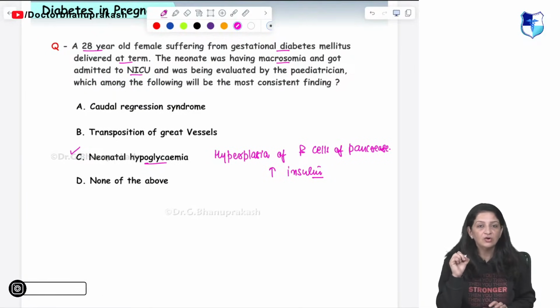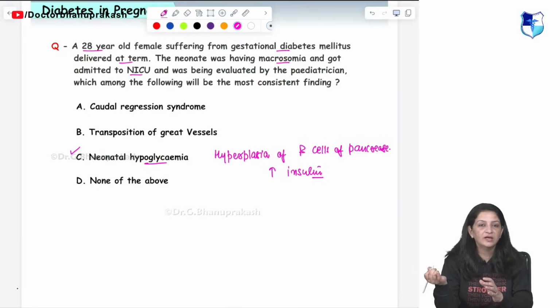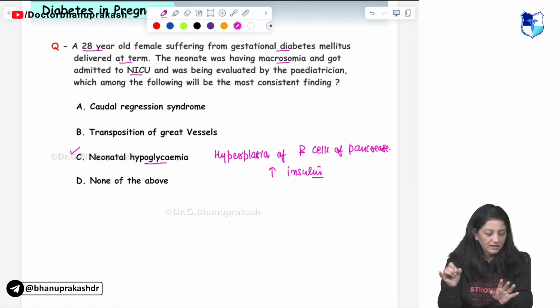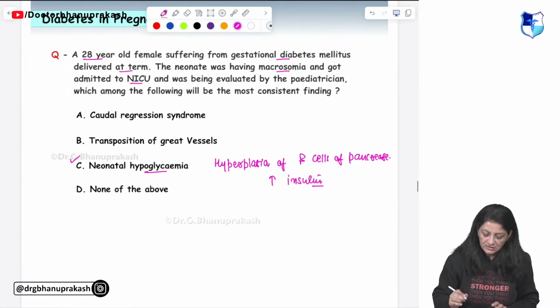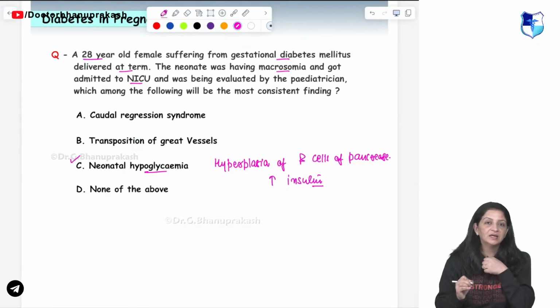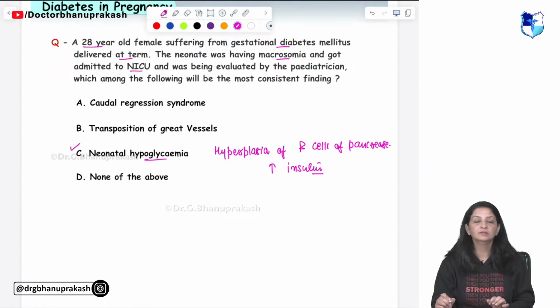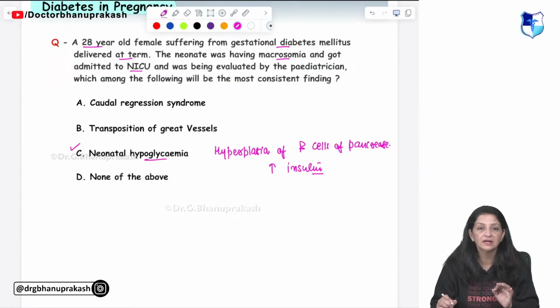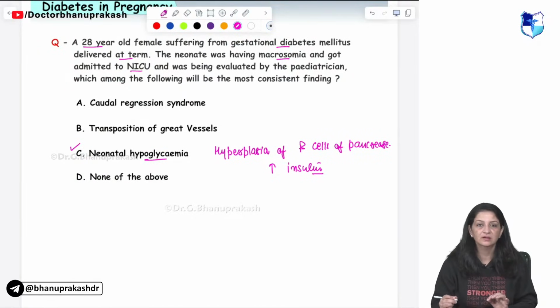So, congenital anomalies are present in overt diabetes. GDM is diagnosed after 24 weeks. Till then, the organogenesis period will have passed. Okay. So what is the most common cardiac anomaly in overt diabetes? VSD, yes, ventricular septal defect.